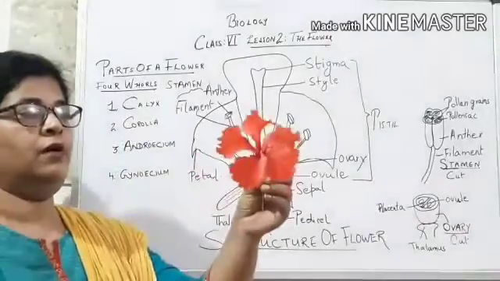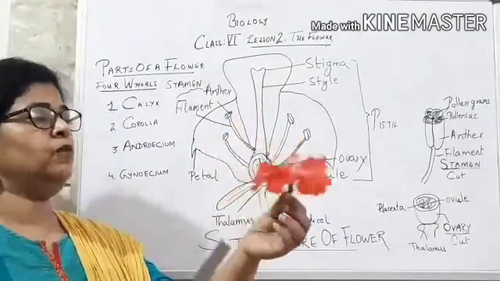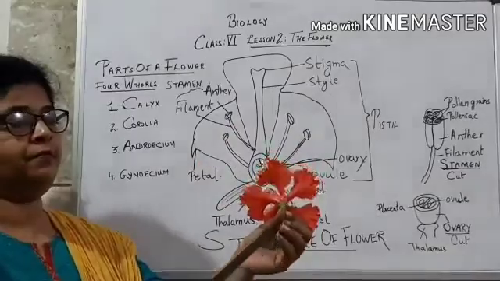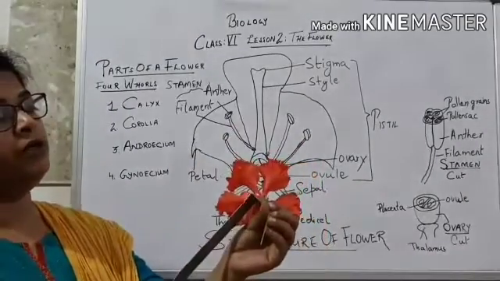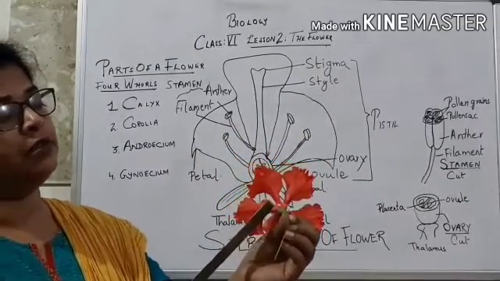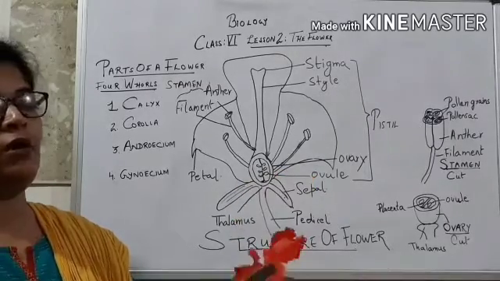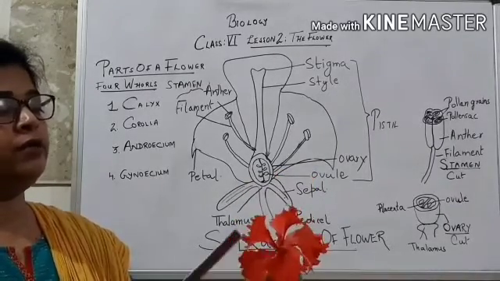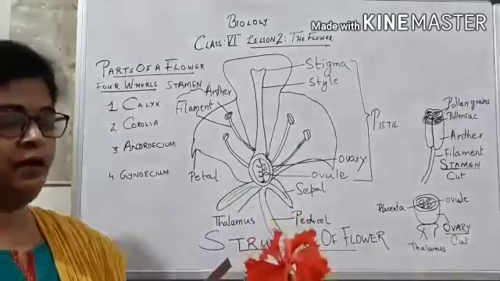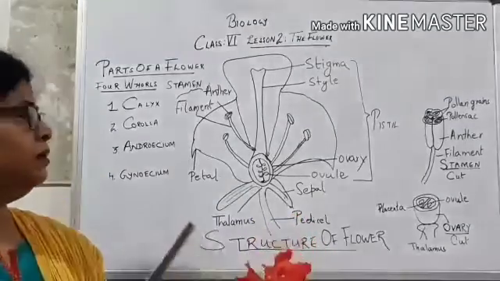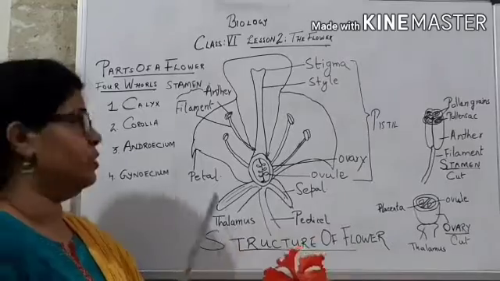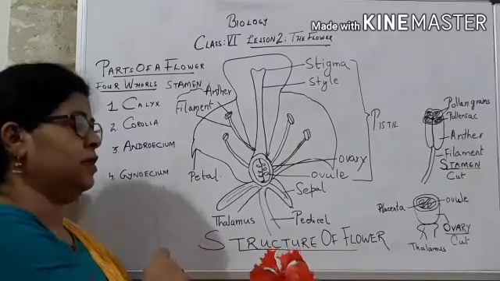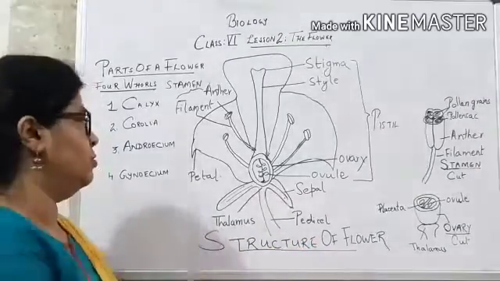This is the hibiscus flower. You can see the pedicel. The first whorl, calyx. The second whorl, the petals or corolla. You can see it is brightly attractive. Then the innermost whorls are androecium and inside it is gynoecium.